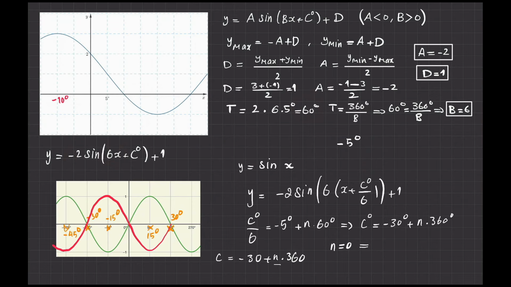If I choose 0, then c becomes minus 30 as a pure number, but the problem is asking about a plus b plus c plus d, and then what happens here, it becomes minus 2 plus b is 6, plus c is minus 30, and plus d is 1. So the answer simply becomes minus 25.